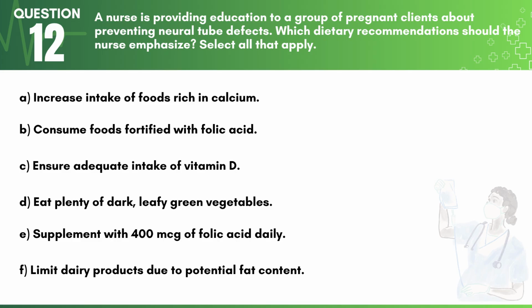C. Ensure adequate intake of vitamin D. D. Eat plenty of dark, leafy green vegetables. E. Supplement with 400 micrograms of folic acid daily. F. Limit dairy products due to potential fat content.